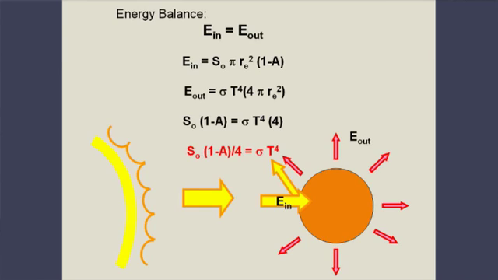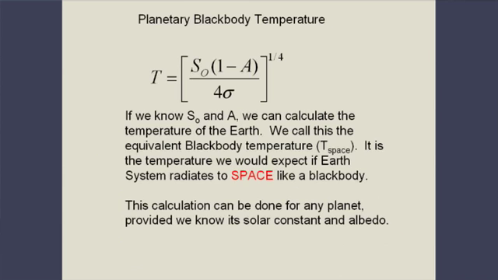So you can balance all that up and get a simple equation, and that factor of 4 comes from the area of the sphere versus the area of the disk. So that allows you to calculate this temperature. The solar constant, times 1 minus the reflection, divided by 4 times 5.67 times 10 to the minus 8. That is the black body temperature of the Earth, or the effective temperature that the Earth radiates to space.